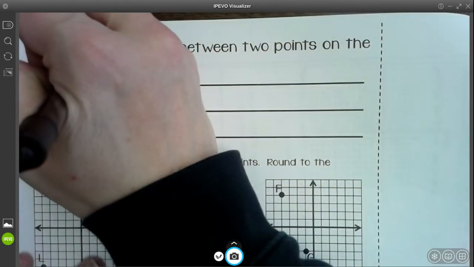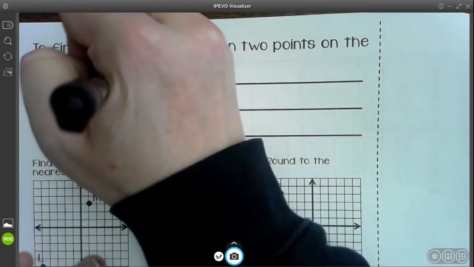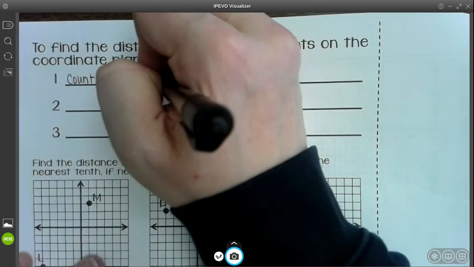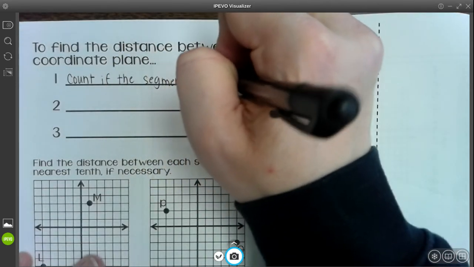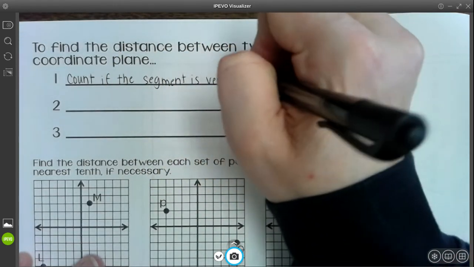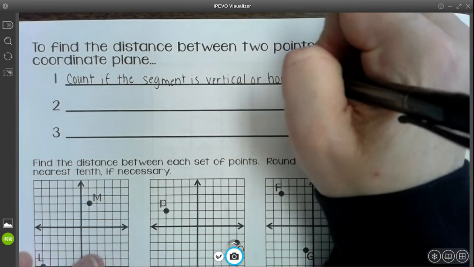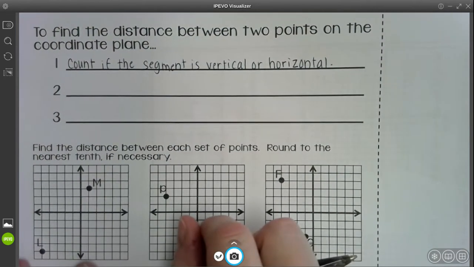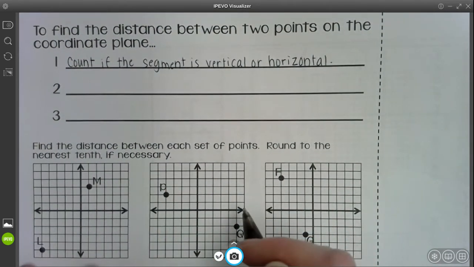Okay, so first thing we can do is if the segment is horizontal or vertical, we can just count. Okay, so if it's a horizontal line, we can just count the number of segments.